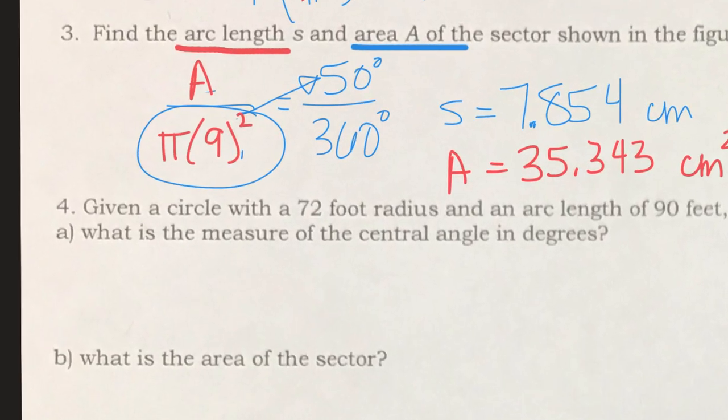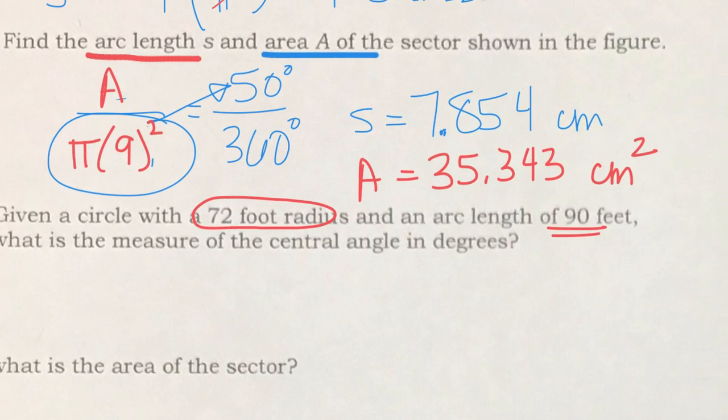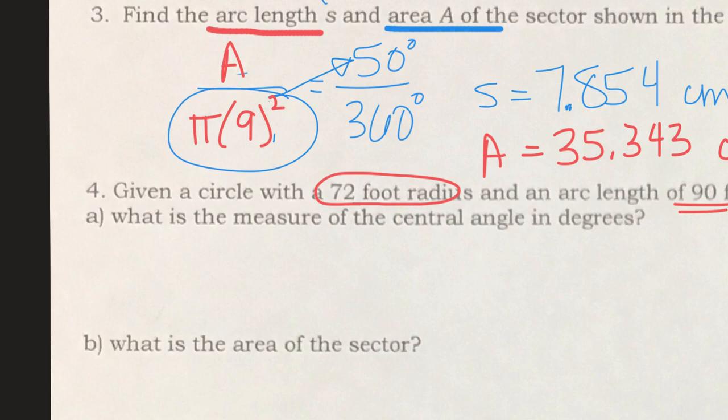Okay, our next problem is some algebra. Given a circle with a 72-foot radius and an arc length of 90 feet, what is the measure of the central angle in degrees? So we want degrees, so we're going to use this degree ratio. We know the arc length is 90 over 2 times pi times 72, right? 2 pi r.